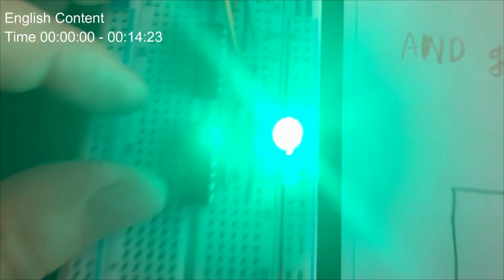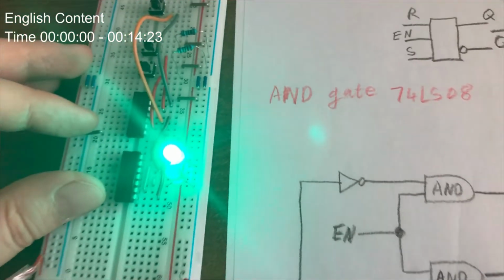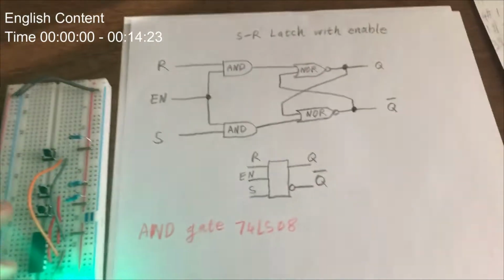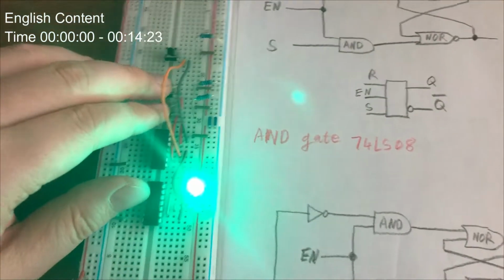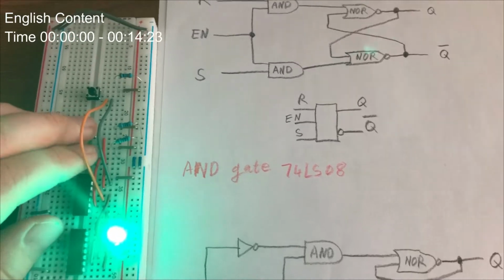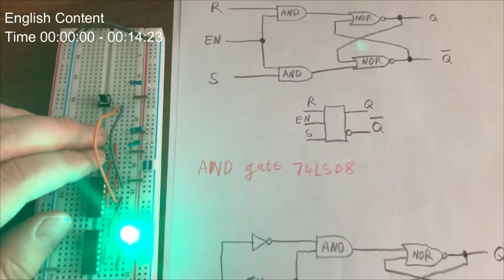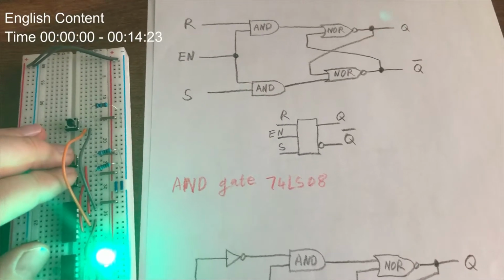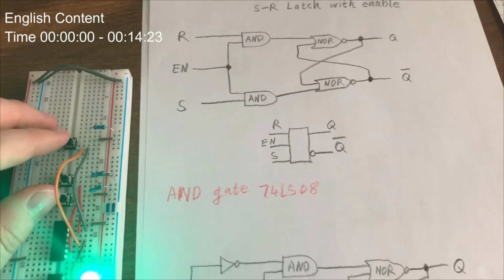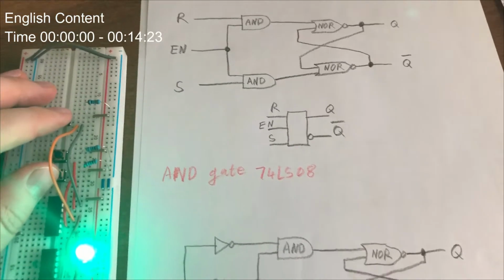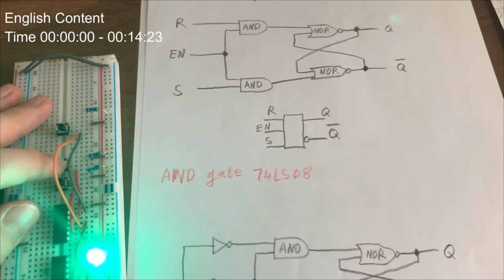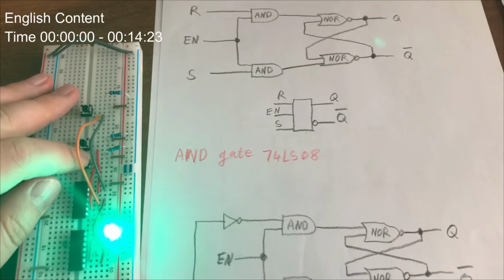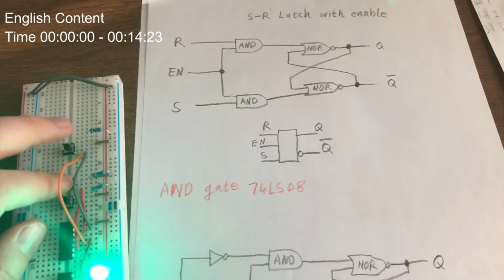Here the upper LED is on, Q is on. When we push these buttons R and S, no matter what we put in R and S, when the enable is not on, this signal will not affect the state of the latch.